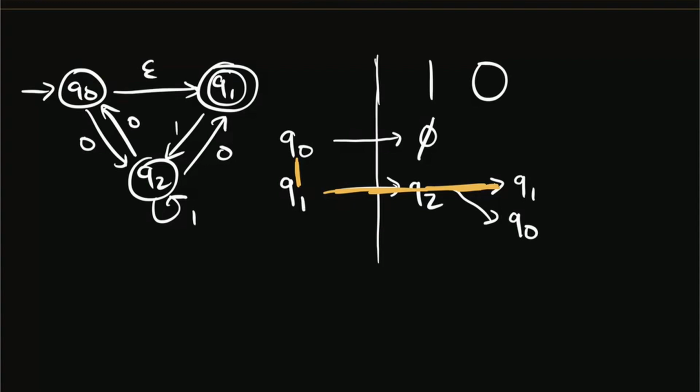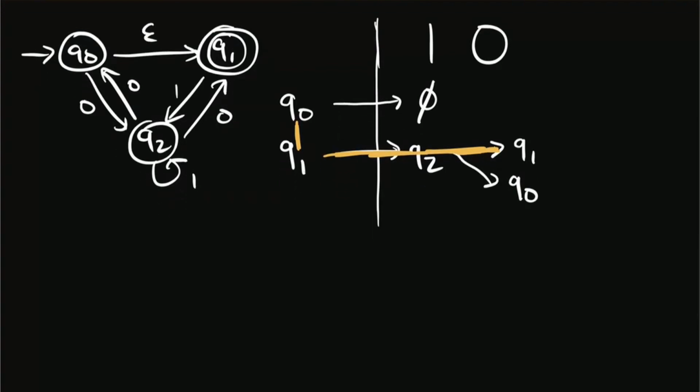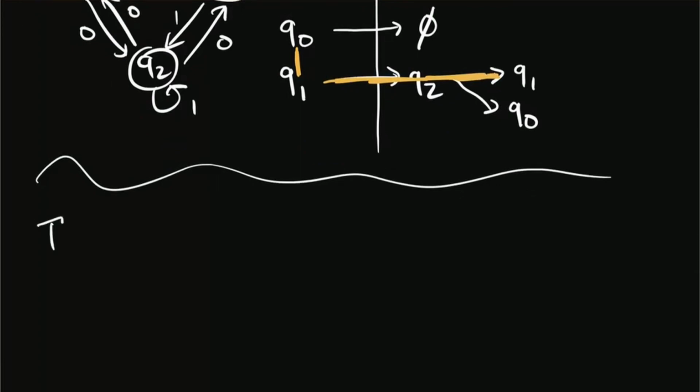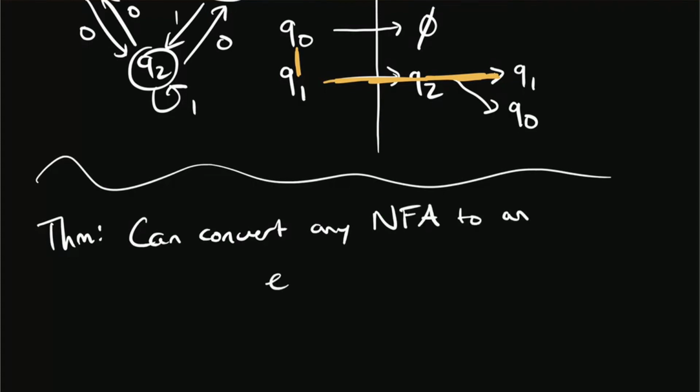Did you have a question? Okay, other questions? Okay, so let's actually do this formally. So what we'll show is that we can convert any NFA to an equivalent DFA.